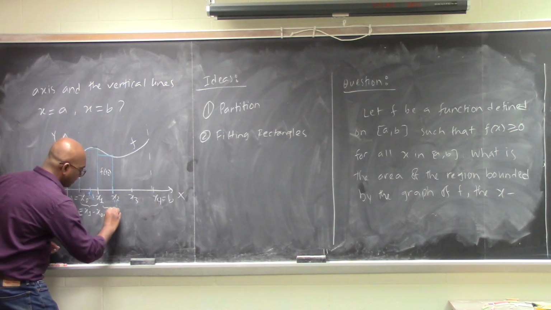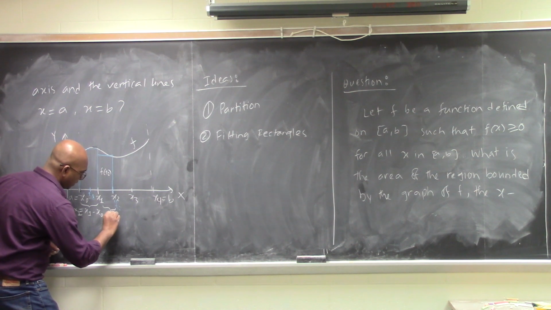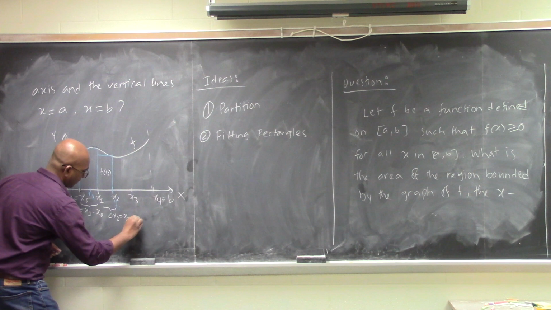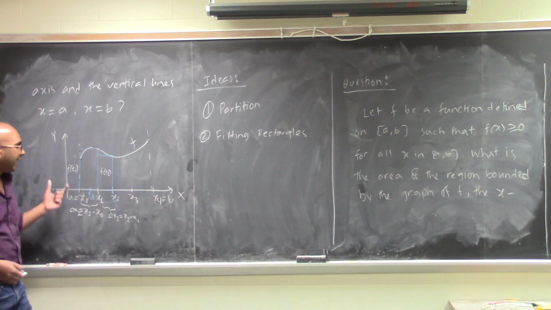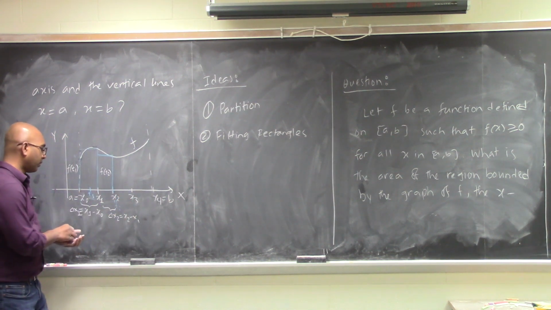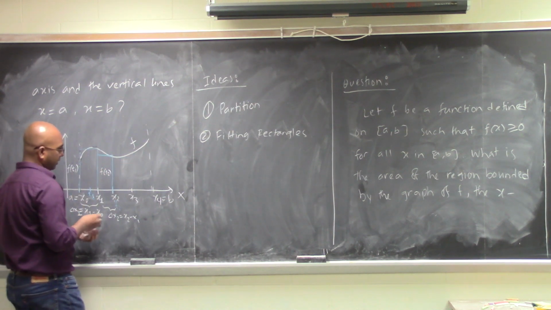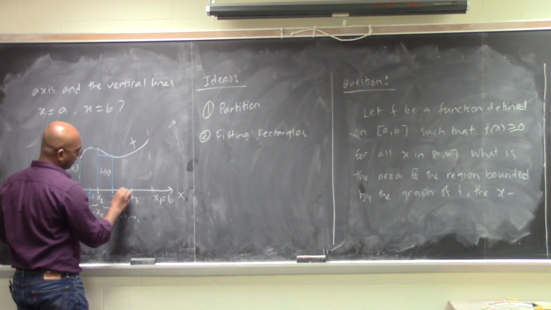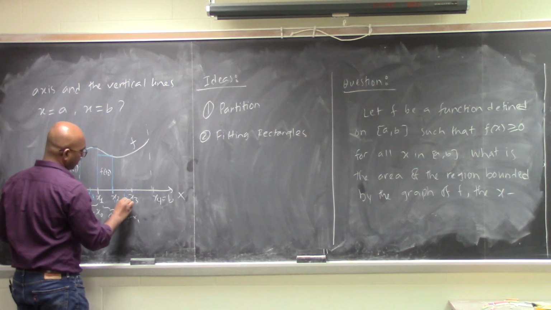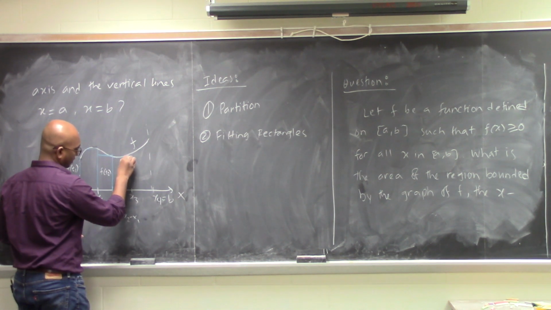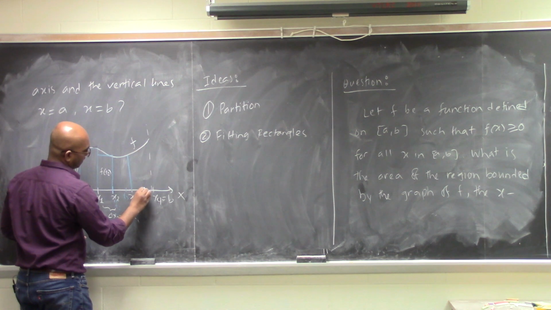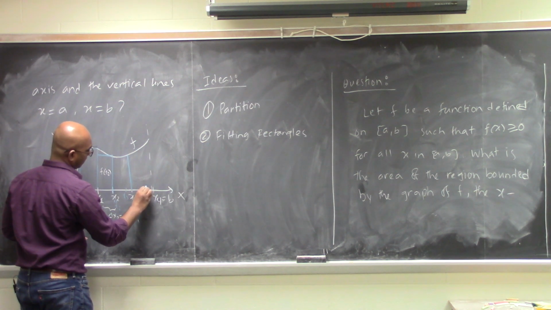And what is the length? We will call this delta x2, which is basically x2 minus x1. And then you keep doing this thing. So this is fitting rectangles. You do this for all of these subintervals. Now let's say this is t sub 3, and then you get this rectangle, and this is, let's say, t sub 4.